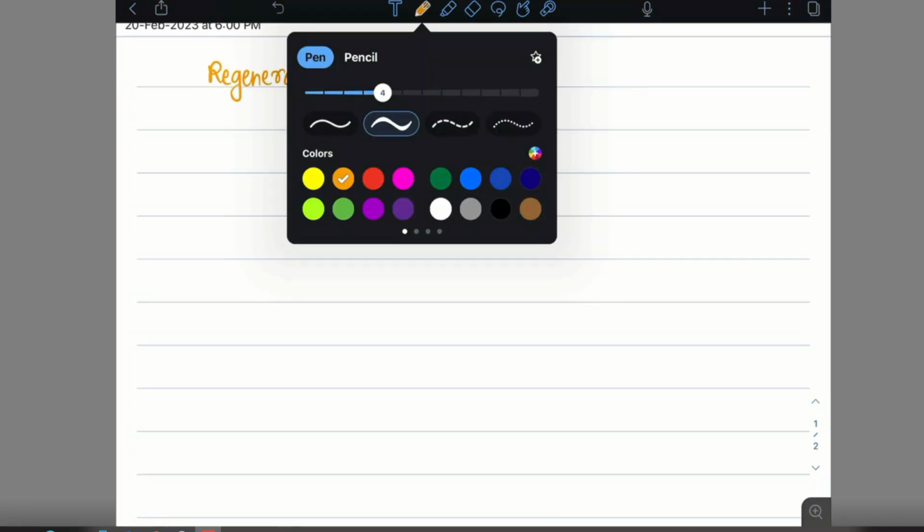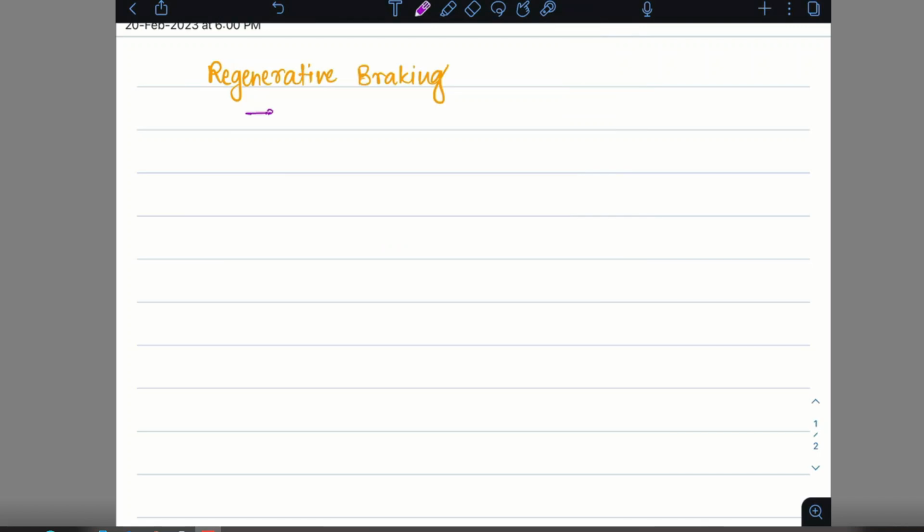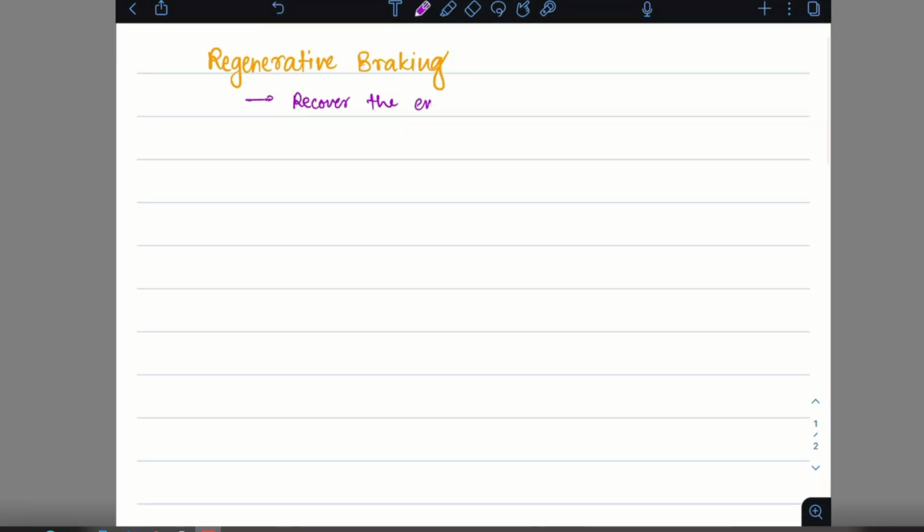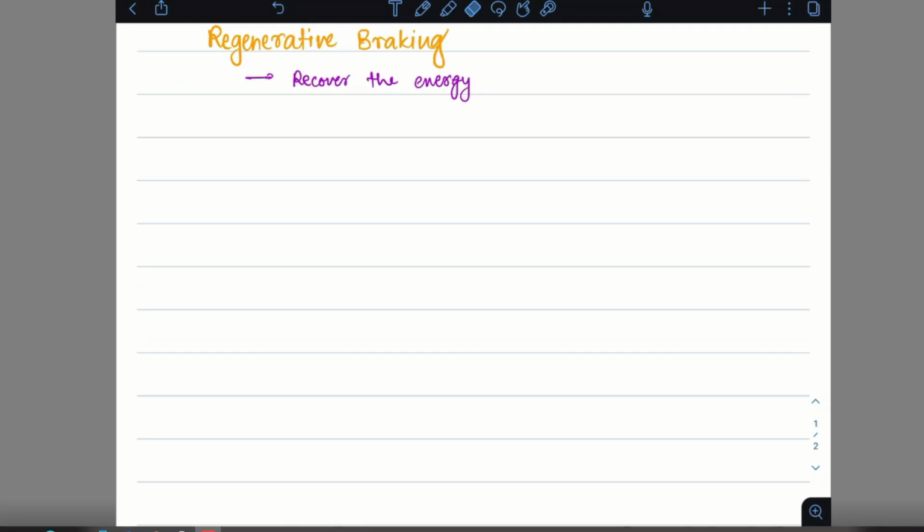So the idea in regenerative braking is to recover the energy that would have been lost during use, using friction brakes.